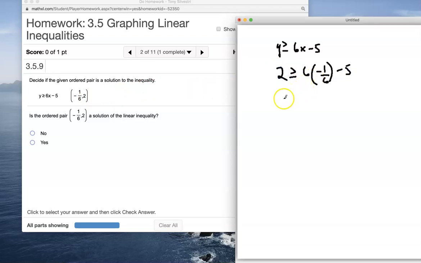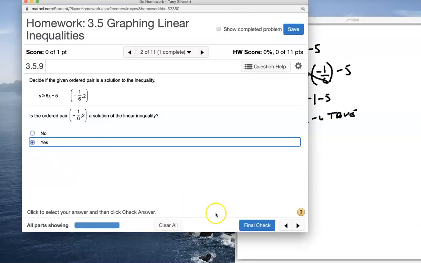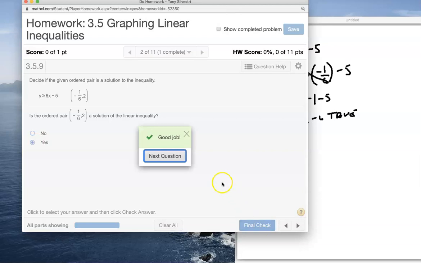So let's do the math and see what happens. 2 is greater than or equal to, well, 6 times 1/6 is 1, negative 1, because those 6 cancel, minus 5, and so what I have here is 2 is greater than or equal to minus 6. Yeah, that's true. Sure. That's true, so I'm going to say yes, it is true. Okay, so that's what you do for those kind of problems.